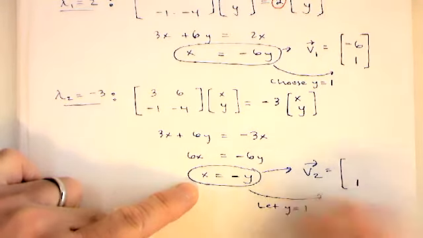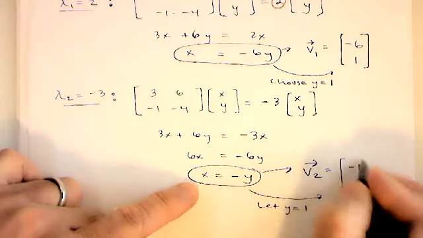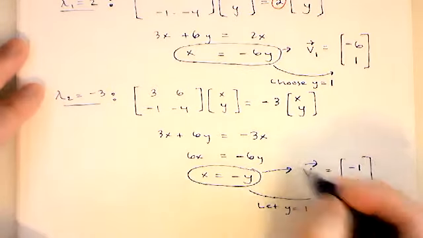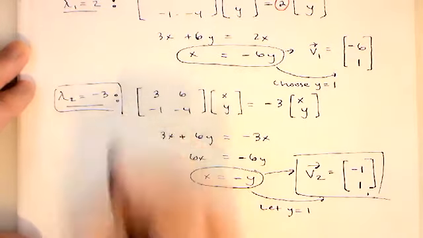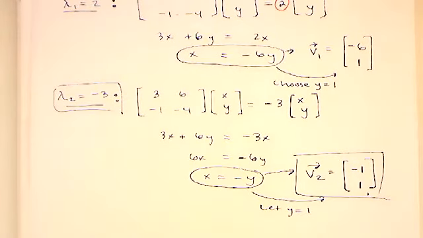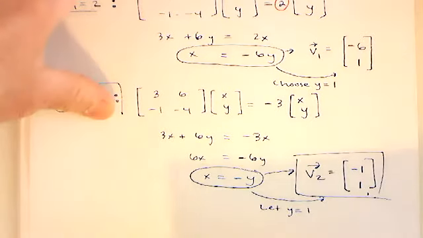If y is 1, then x has to be negative 1. So that is the eigenvector for this eigenvalue. And like I said, for a 2x2 matrix, generally speaking, every 2x2 matrix will have 2 eigenvalues and 2 eigenvectors.